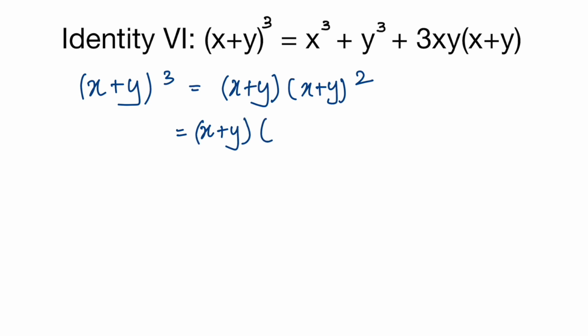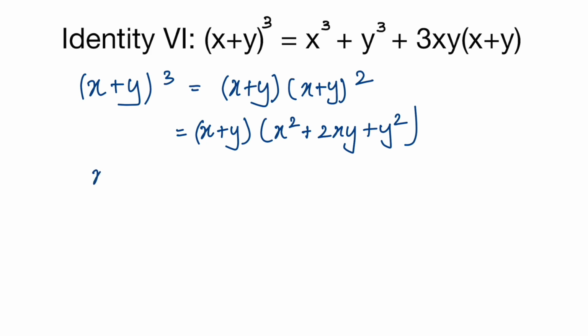That is the first identity that we ever learnt. So (x + y) the whole squared is equal to x squared plus 2xy plus y squared. Now, we are going to replace this (x + y) the whole squared with that expansion and multiply (x + y) with x squared plus 2xy plus y squared.